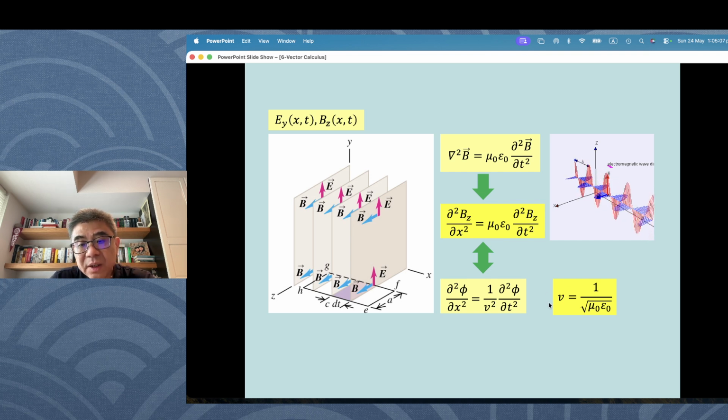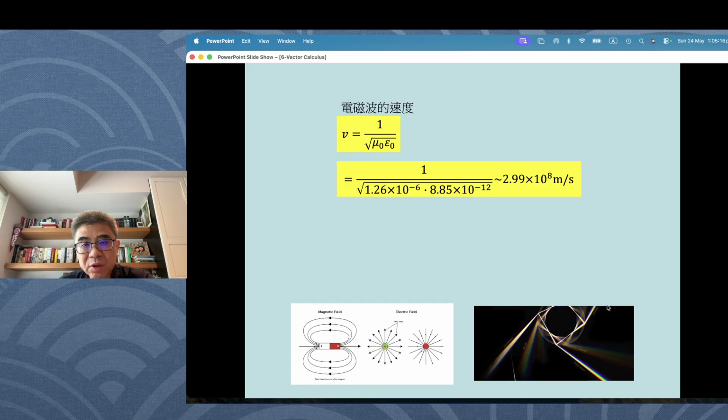The wave speed is equal to 1 over the square root of mu 0 epsilon 0. If you calculate this number, we know that mu 0 is about 1.26 times 10 to the minus 6, and epsilon 0 is about 8.85 times 10 to the minus 12. You can see that we get a 10 to the minus 18 in the denominator. Taking the square root, it comes to 10 to the minus 9.